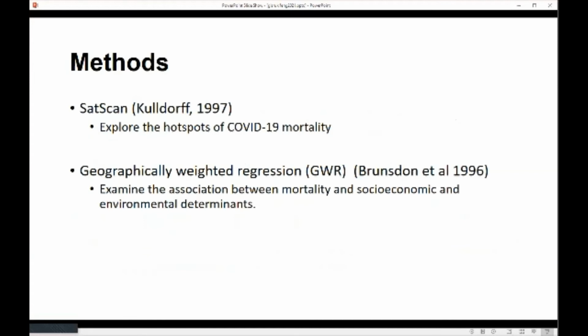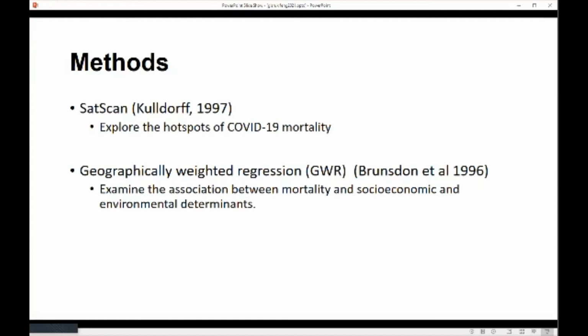For the spatial pattern, we use the SaTScan, a method developed in 1997. The method basically calculates the likelihood based on the observed number of deaths compared to the expected number of deaths for a particular geometry.